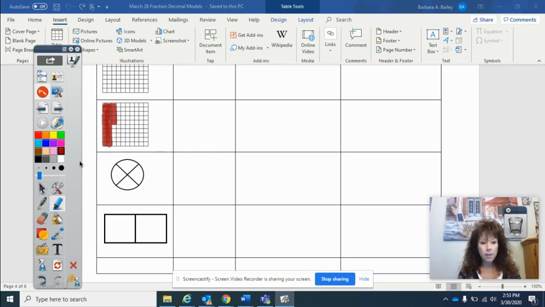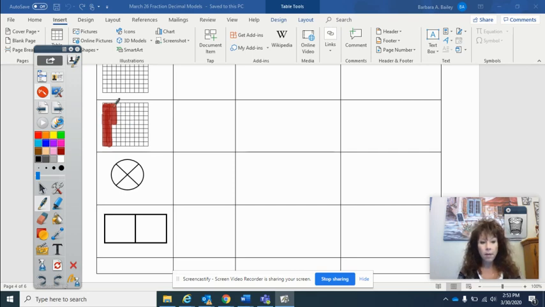Okay, so back to this lesson. I had shaded part of this block, which we know is not a 100 block anymore. It represents the whole number 1, and it is divided into 100 parts, but it's the whole number 1.